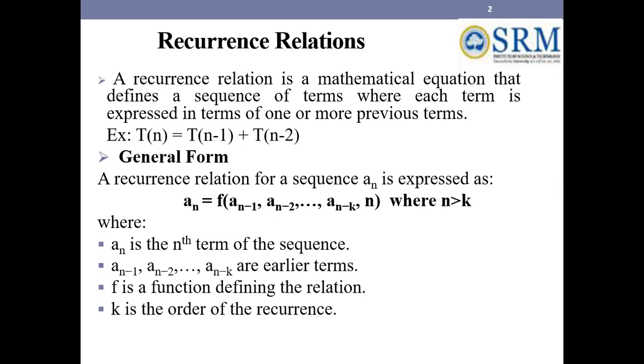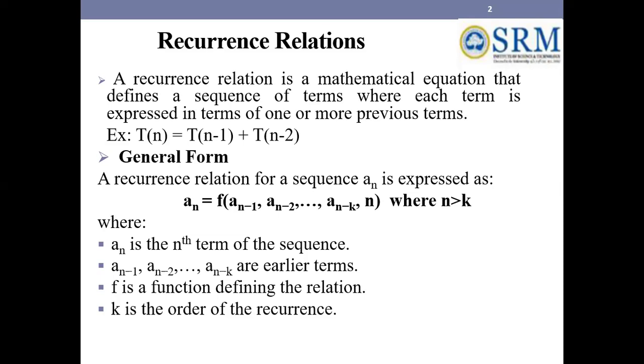The general form of a recurrence relation is a of n is equal to f of a of n minus 1, a of n minus 2, like that, down to a of n minus k. Here n is the input size, f is a function, and a is the nth term in the sequence.